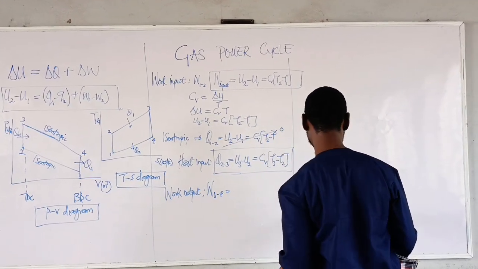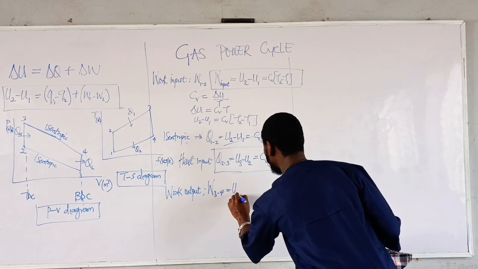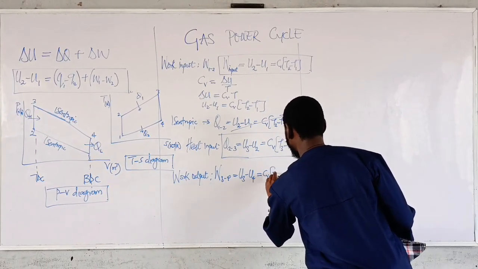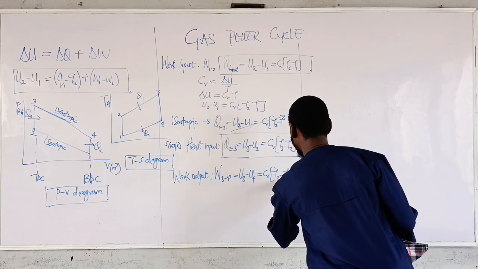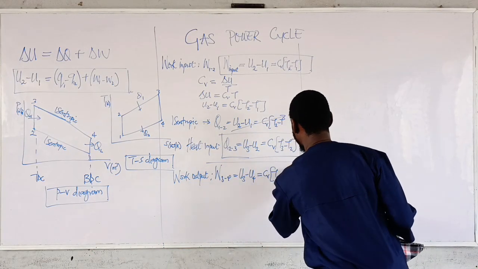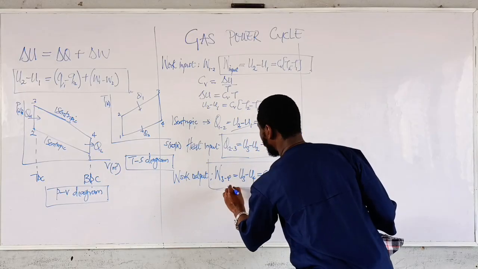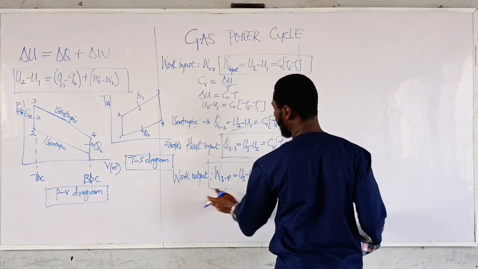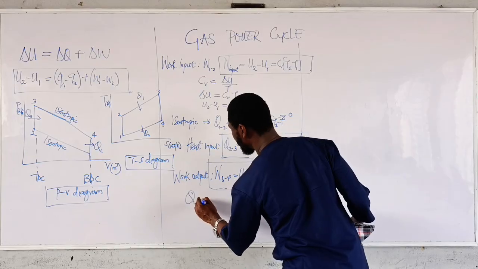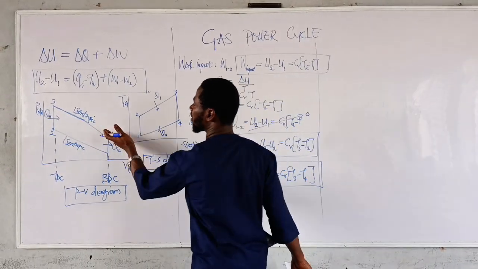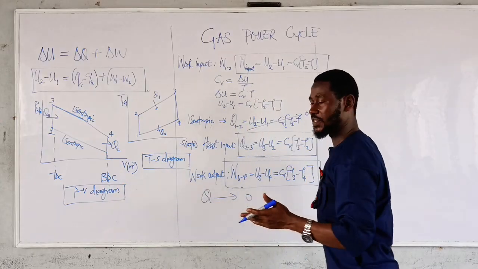So at this level, we have U3 minus U4, which is the same thing as CV into bracket T3 minus T4. So what happened at this level for Q? Q at this level tends to 0, because it is an isentropic process.